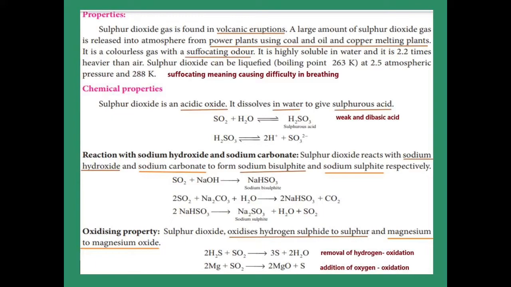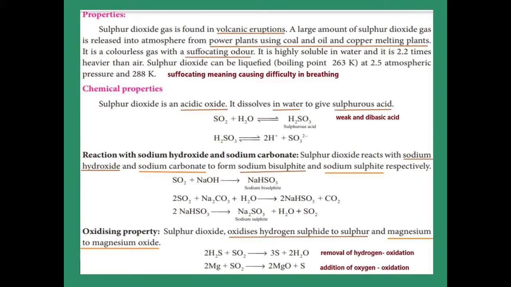Please remember one thing, the carbonate salt always gives carbon dioxide as one of the products. Here also carbon dioxide is one of the products. And here we are getting 2 moles of sodium bisulfite. The 2 moles of sodium bisulfite once again decompose as sodium sulfite and water, and it produces sulfur dioxide once again.